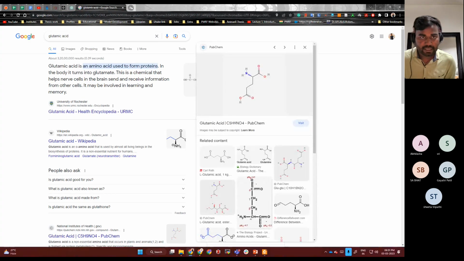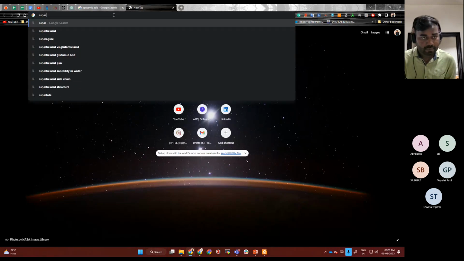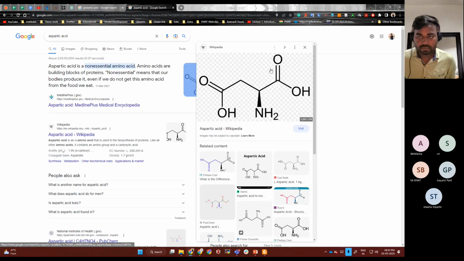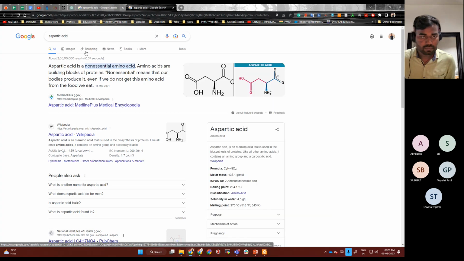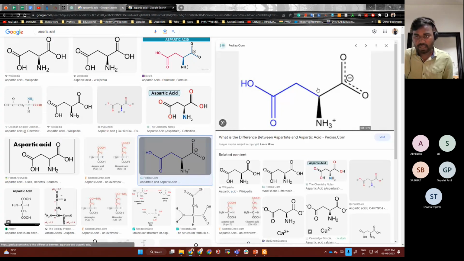This is glutamic acid, and now aspartic acid. So this is the structure of aspartic acid.